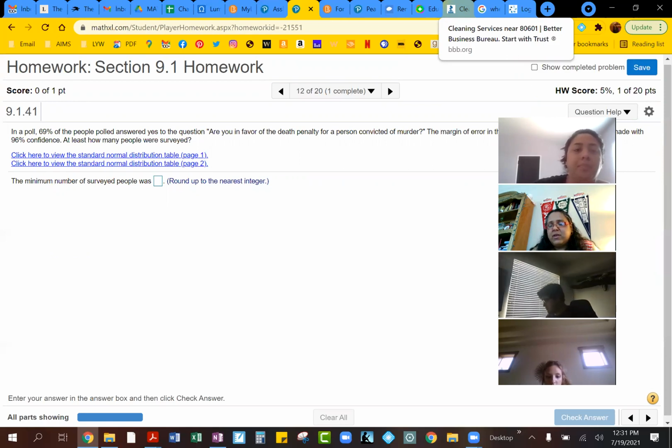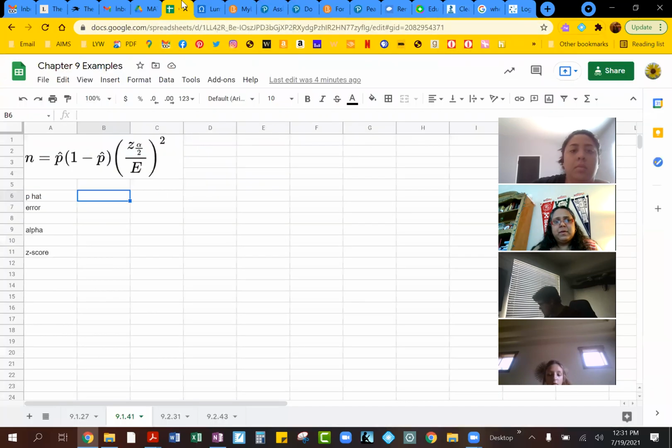So anything that you would imagine could be that p hat value? The E, capital E, stands for margin of error. Of course, the Z sub alpha over 2. So it's really the p hat we need to identify so that we can calculate how many people were surveyed, which is going to be that n value.